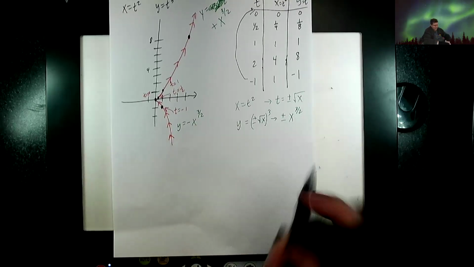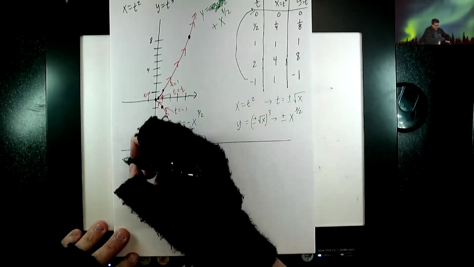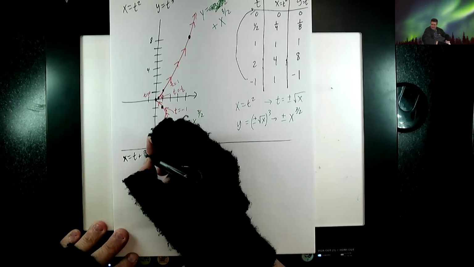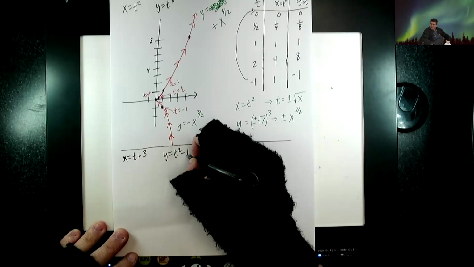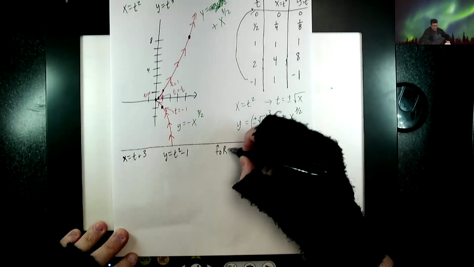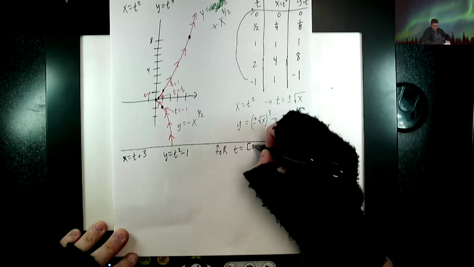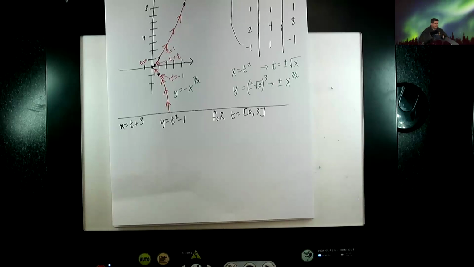Why don't you guys try your hand at x equals t plus 3, y equals t squared minus 1. And let's do this for t in the region 0 to 3. Take a couple minutes, work that out.